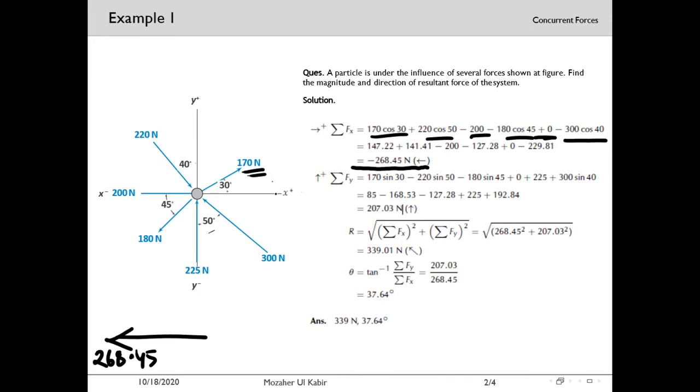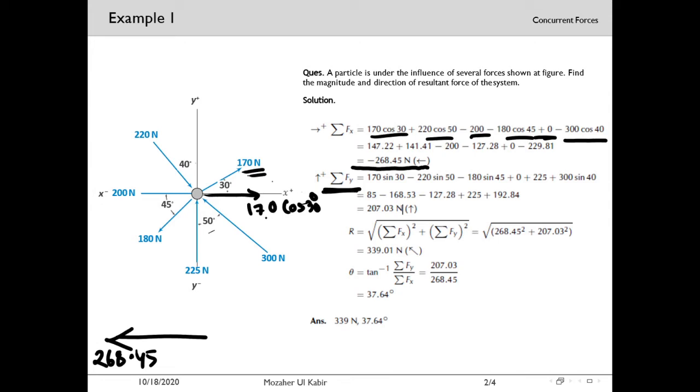We had seen that this 170 Newton is acting at an angle of 30 degree with the x component. So the value was 170 cos 30 for x component. While considering summation of f of y, we need to consider the components in y direction only.